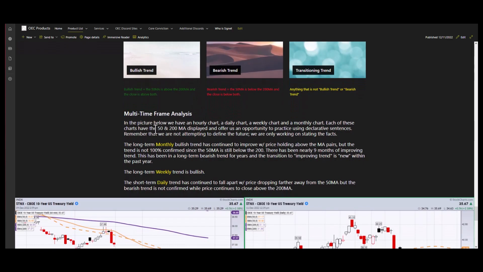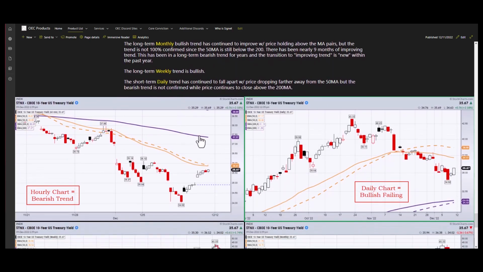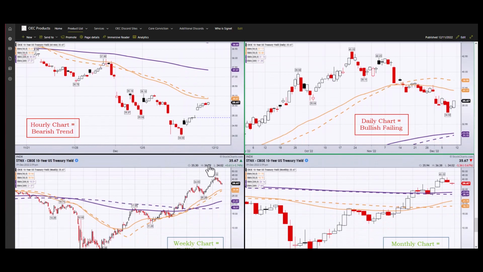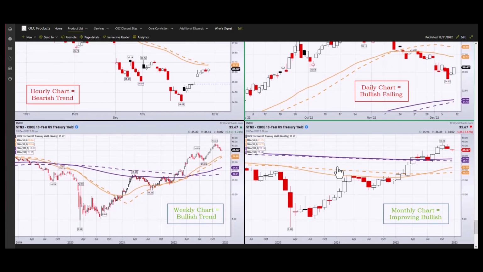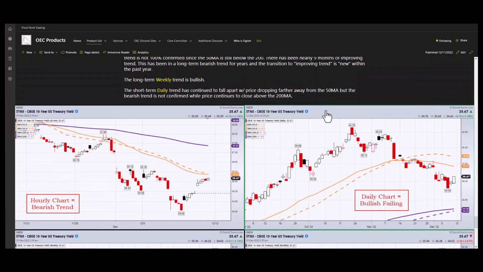For multi-time frame analysis, this is where you can really deep dive into things. In the picture below, I've got the hourly, the daily, the weekly, and the monthly. If you were to see a bullish signal on all four of those time frames, then you know you're looking at a bullish trend that not only has been going on for years from your monthly, but maybe for the entire year on your weekly, and for the last, say, 6 months on your daily, and within the last 2 weeks on your hourly.